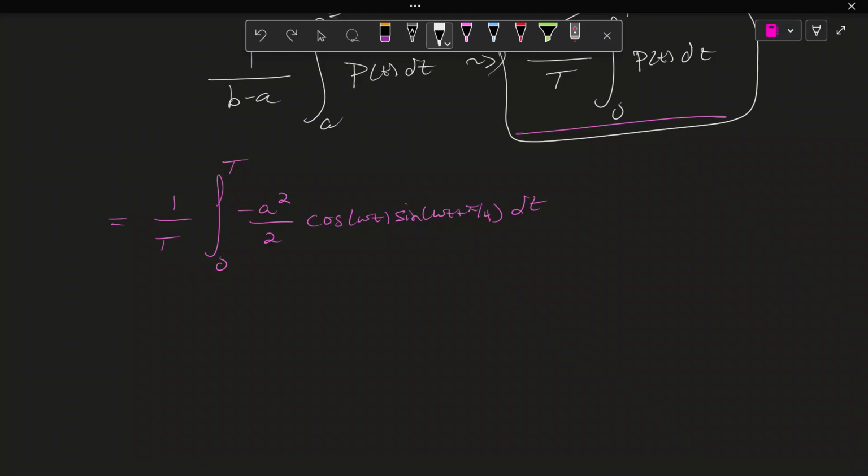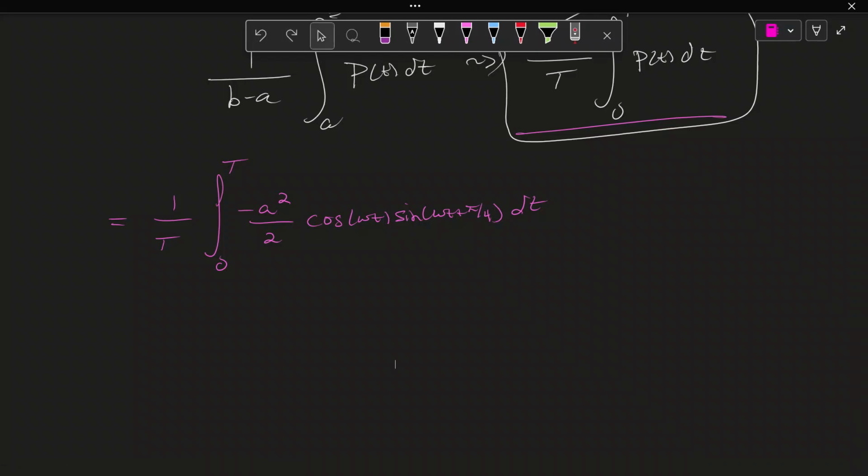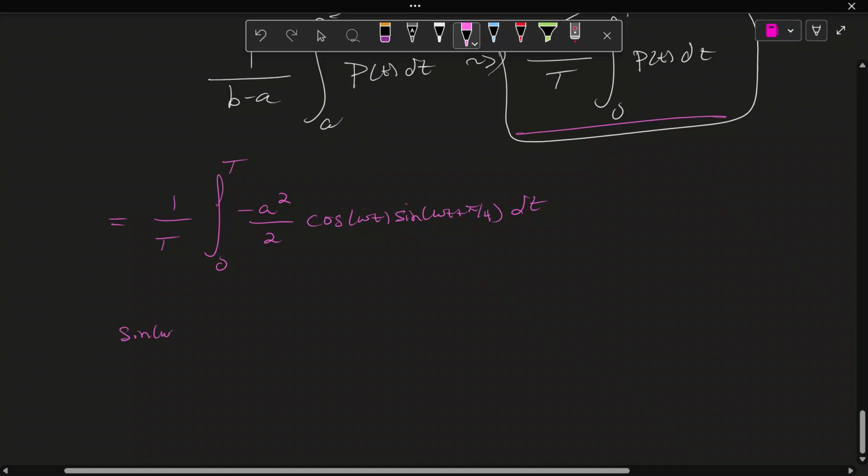So what we will end up doing is we will use trig identities to get this into one term. What I mean by that is we can use the trig identities given in the question to solve this. The first thing I'm going to do is change sine of omega t plus pi over 4 into a function of more or less cosine.